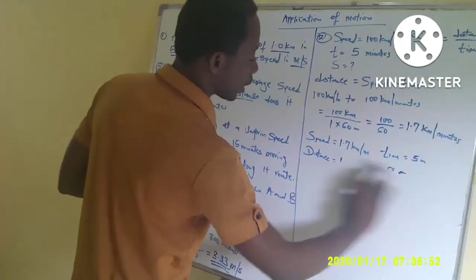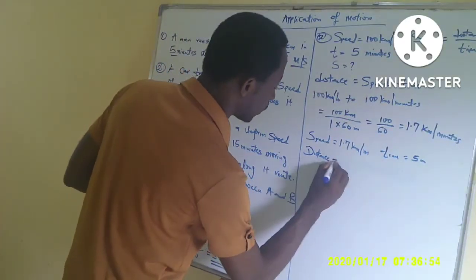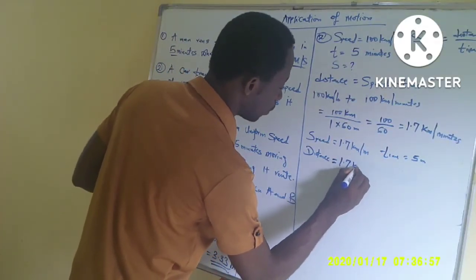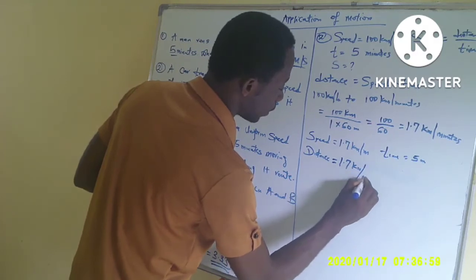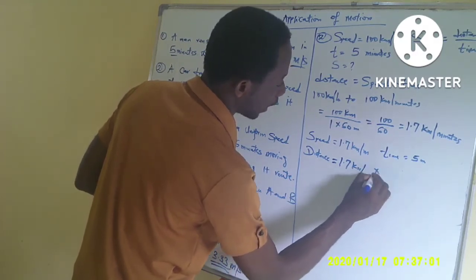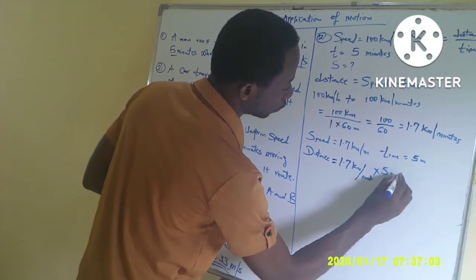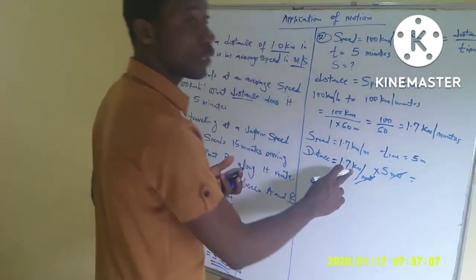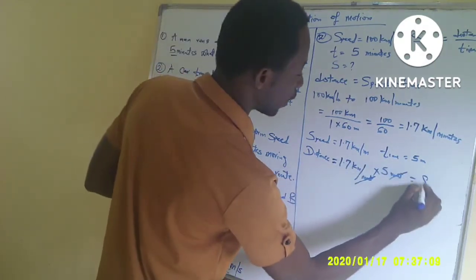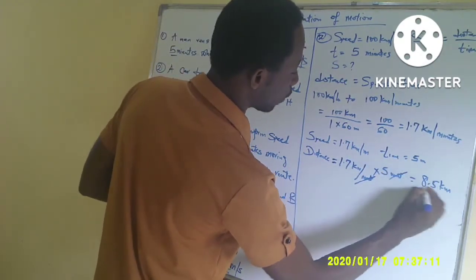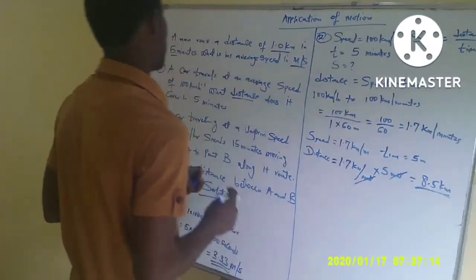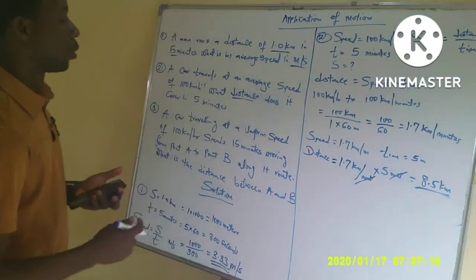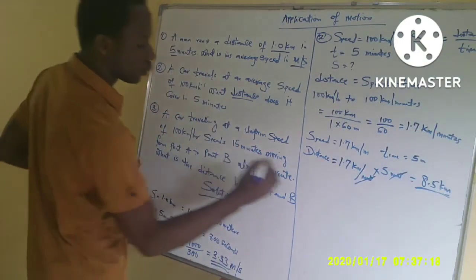Let me do it in a practical way so that you understand. 1.7 kilometer per minute times 5 minutes. So minutes cancel minutes, and we are left with kilometer, 8.5 kilometer. So that is the distance traveled.